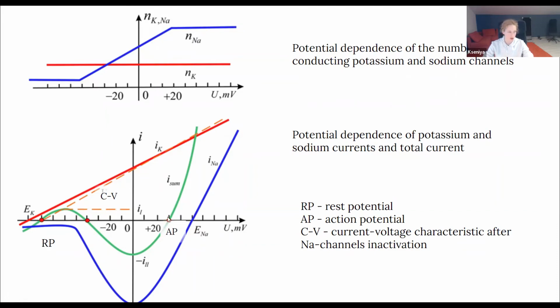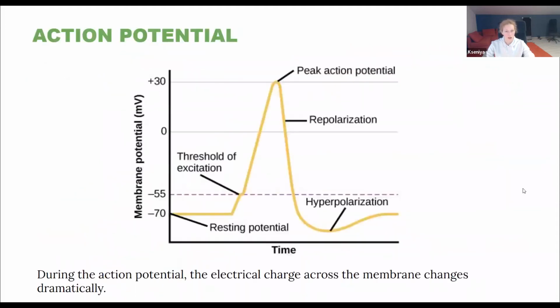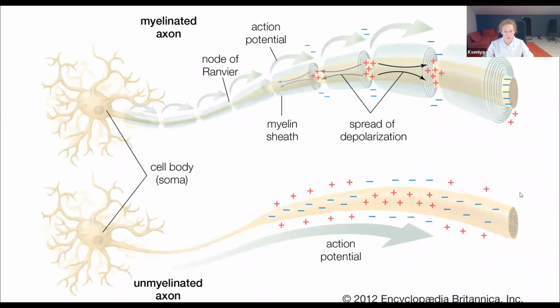So there is an action potential. Such a wave propagates along the axon during the action potential. And you have probably heard that there is a myelin sheath on some axons. This is a fatty membrane formed by glial cells.